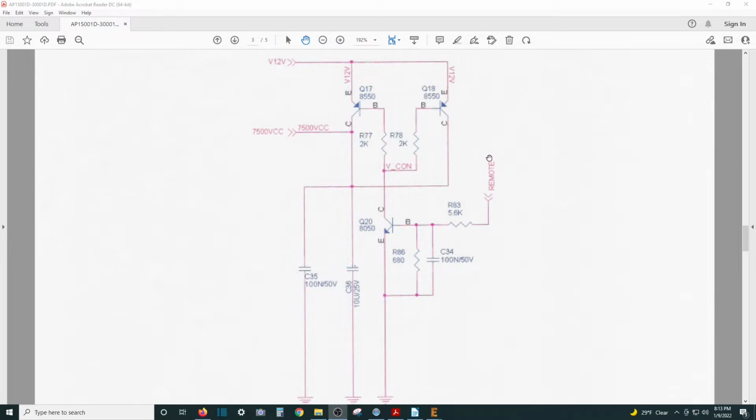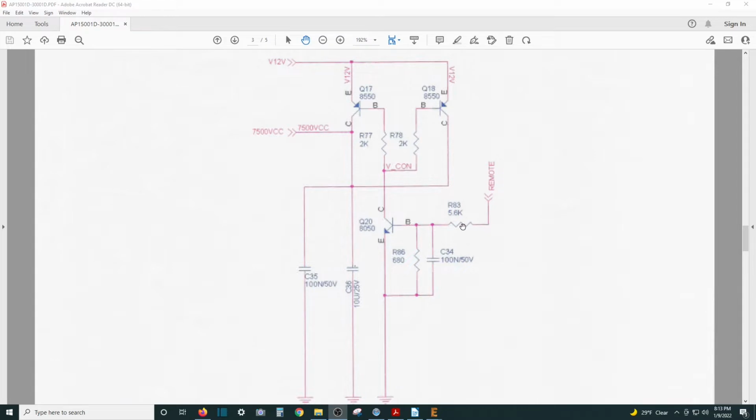The remote power comes in and it actually goes through these two resistors down to ground, and this is a voltage divider. And so that allows us, if you use the correct values of the resistors, to tune what kind of voltage you want to see here. And this capacitor is here for some stability to turn this NPN transistor on.